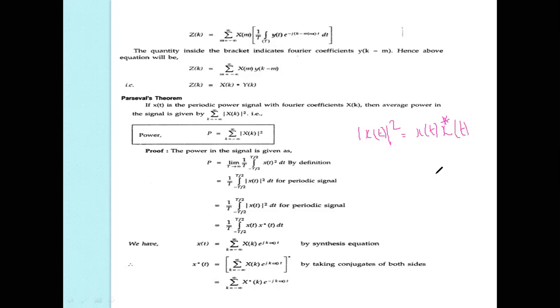Following me, my dear students, x of t into x of t is x square of t, and the magnitude of x of t whole square is different. If it is x square of t, it means x of t into x of t. But the squared magnitude of x of t is equal to x of t and x star of t, the combination of the real and complex signals.